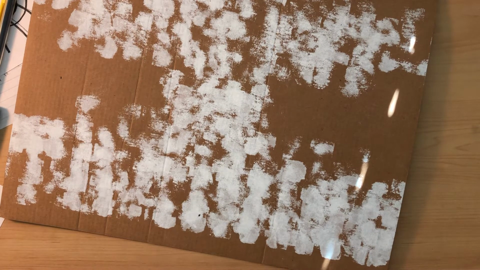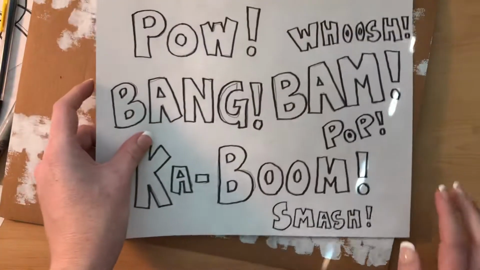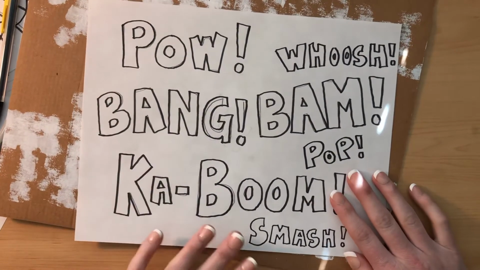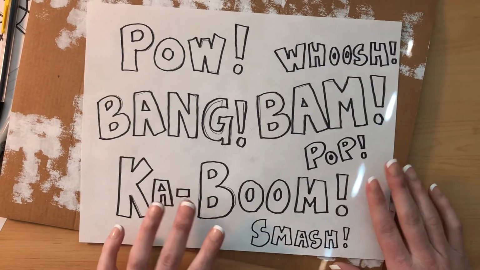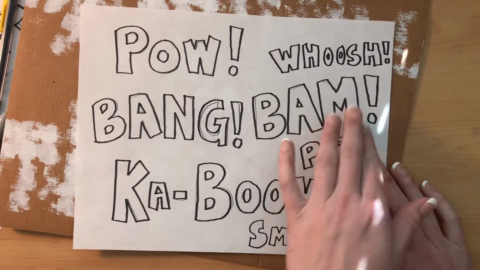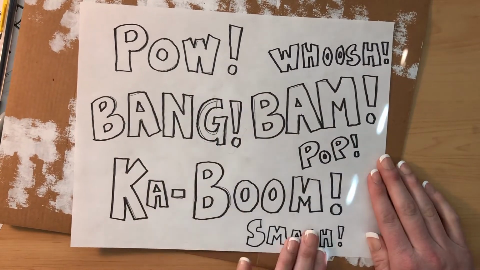And then the next thing you're going to do is choose a word, just like Roy Lichtenstein did in his artwork. He chose words. Remember when the plane was crashing, it said wham. So you can choose any word you want, but it's a word that makes a sound. So pow, whoosh, bam, bang, pop, kaboom, smash.